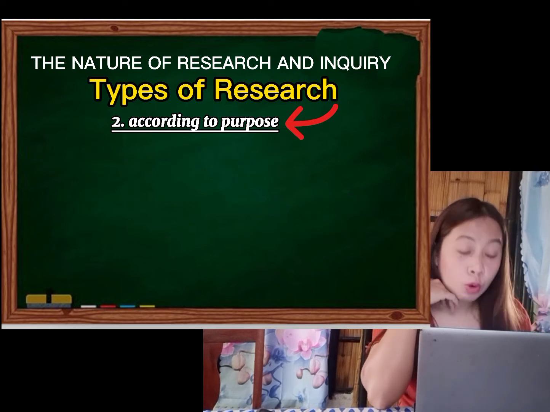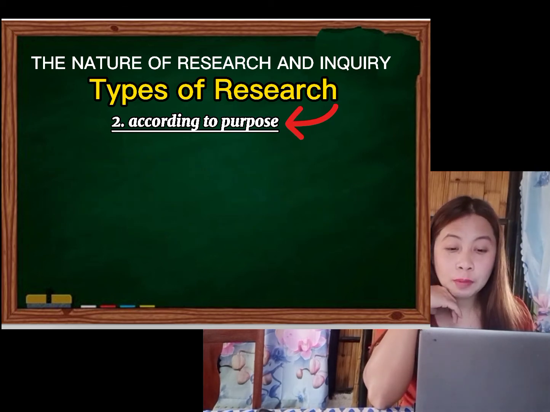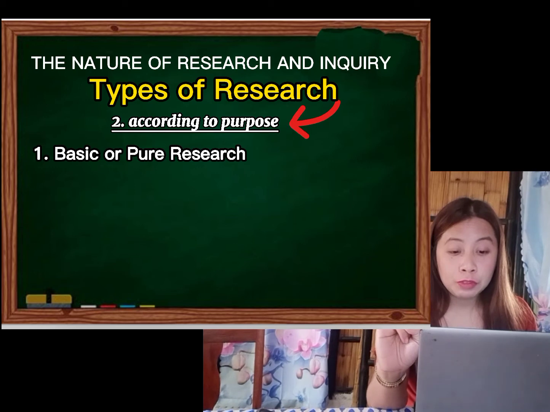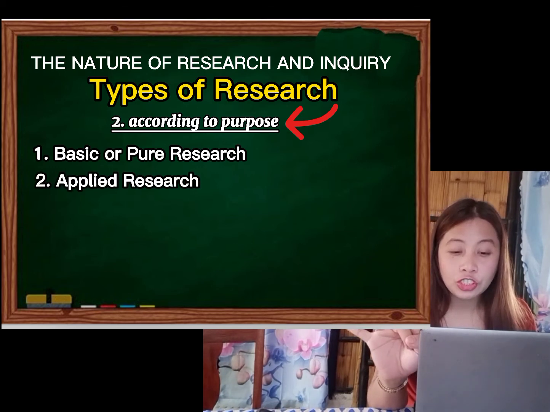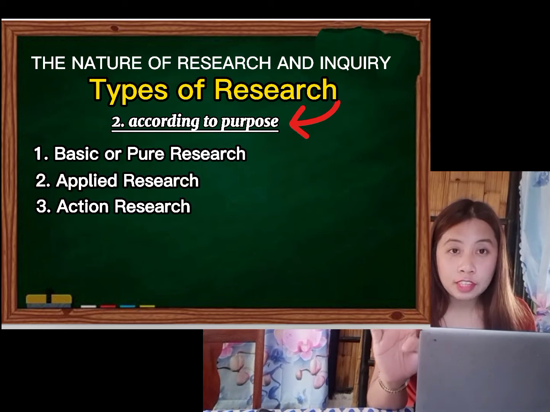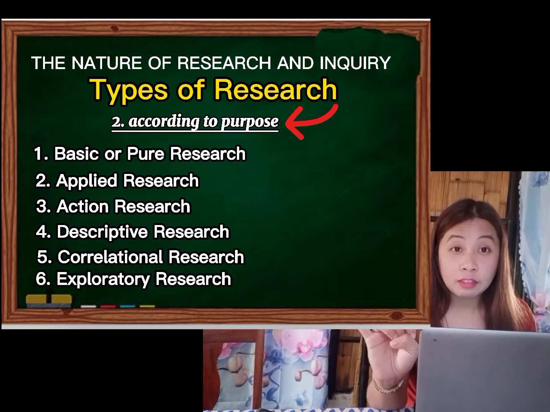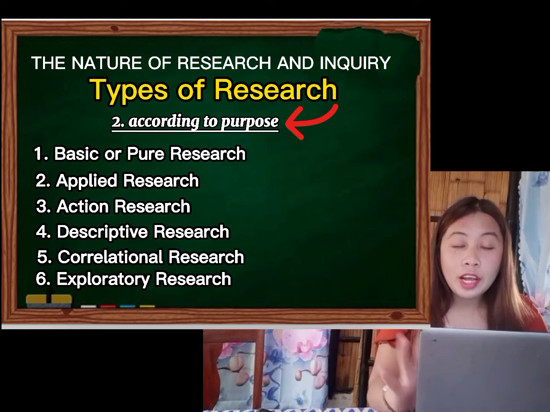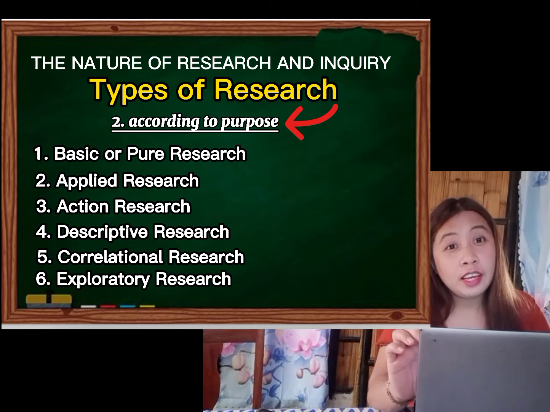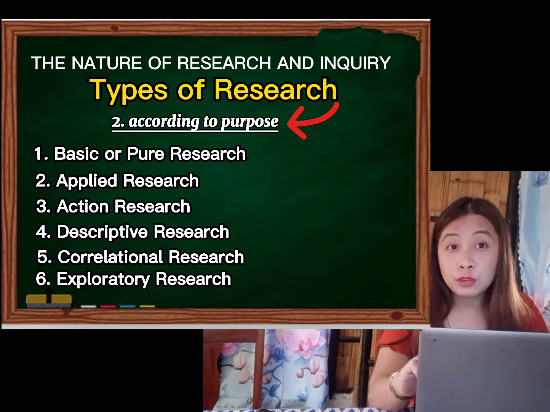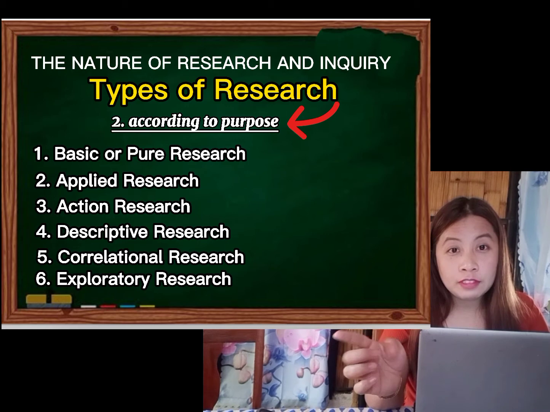Tandaan natin ha, huwag kayong malilito dito sa pinagsasabi ko na basic or pure research, applied research, action research, descriptive research, correlational research, and lastly, the exploratory research. Huwag kayong malilito kasi tandaan lang natin na nakafocus to saan? Sa purpose of the study.